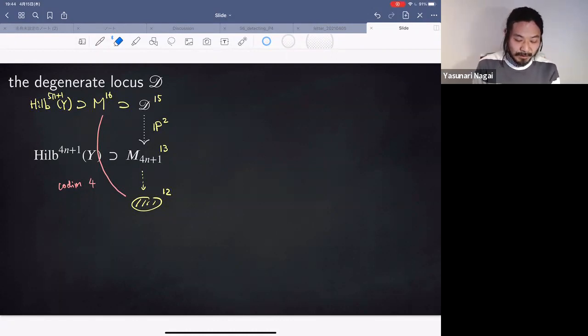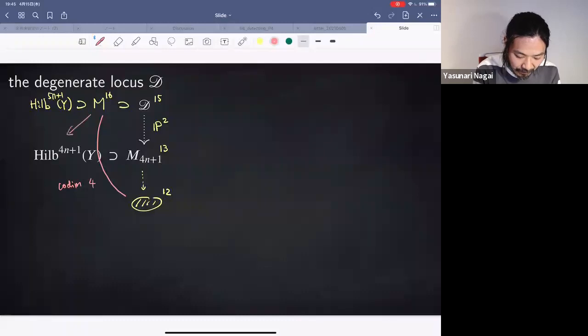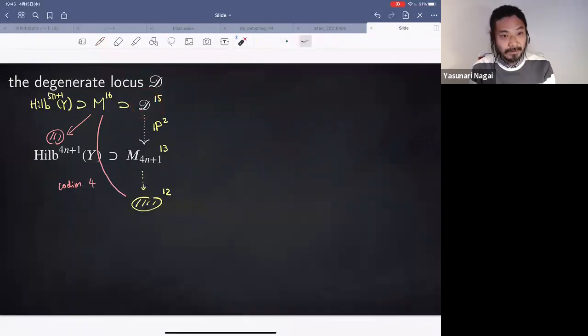From this picture, it is quite tempting to expect that there might be some kind of contraction or some rational map to some space, which contracts this divisor of degenerate curves.